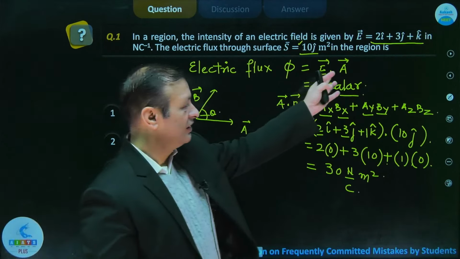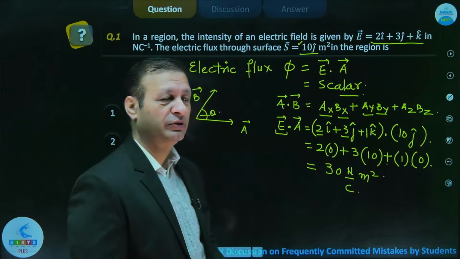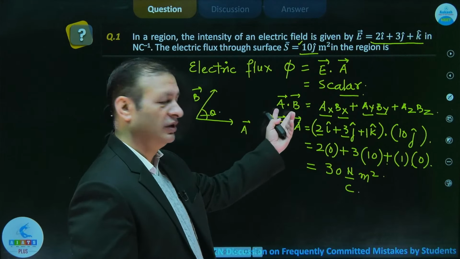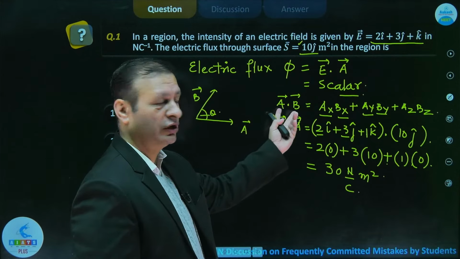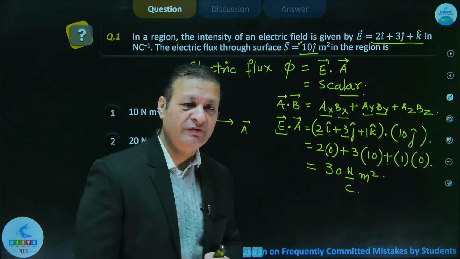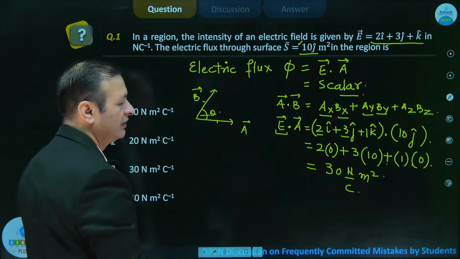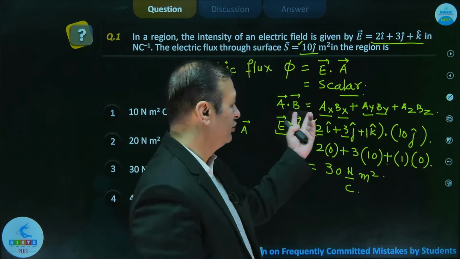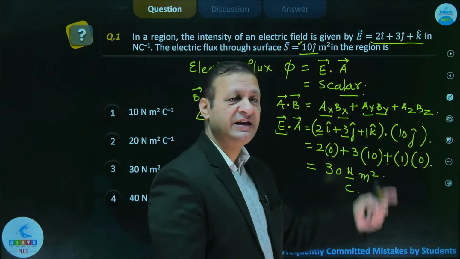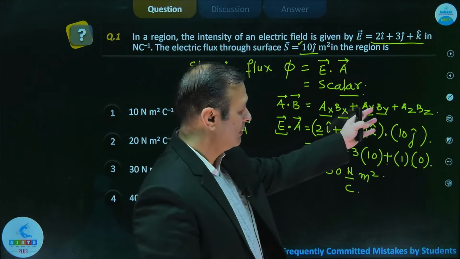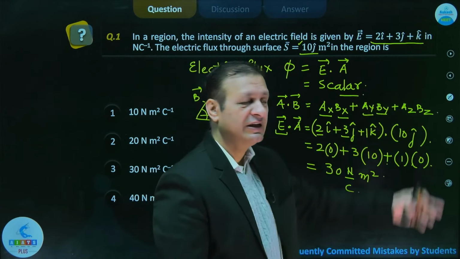So because this is written as E dot A as a dot product, just to help you understand the dot product, A dot B, if you have two vectors A and B inclined at some angle theta, then in terms of components A dot B can be written as AX BX plus AY BY plus AZ BZ.